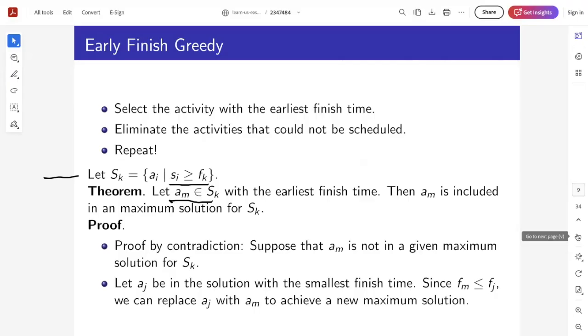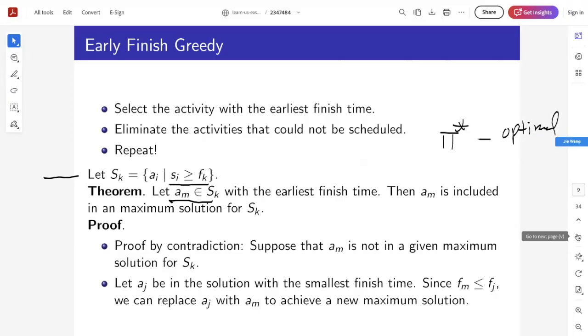So the idea is this: we just need to find one optimal solution. Let's say you have an optimal solution, let's call it pi star.